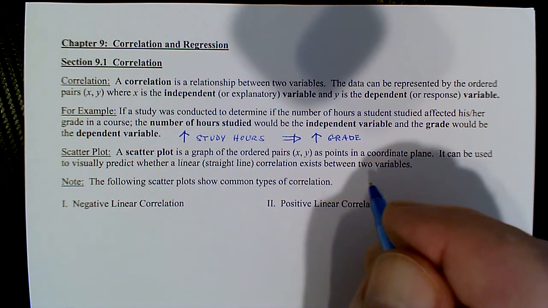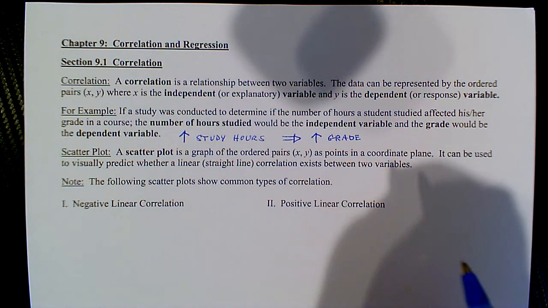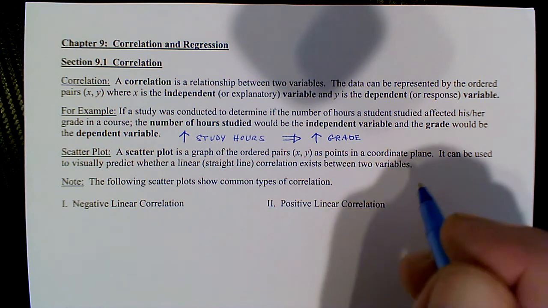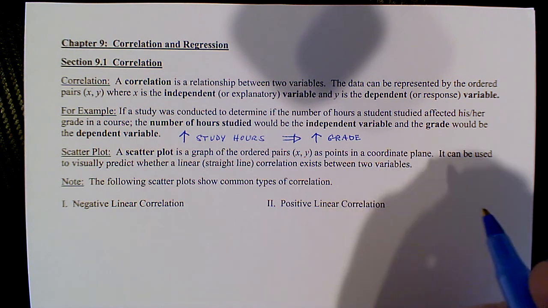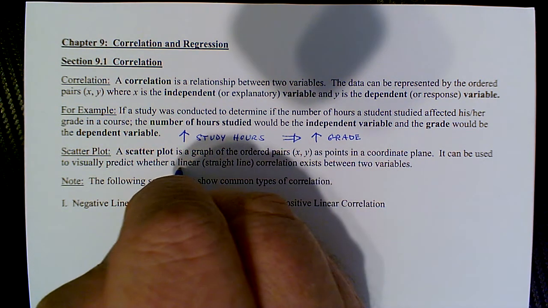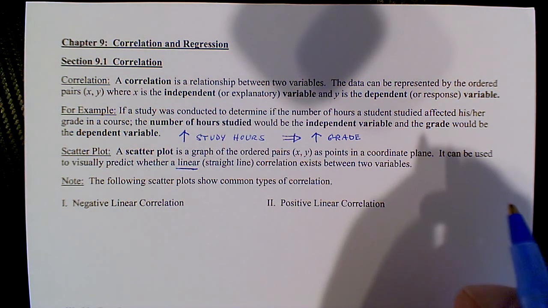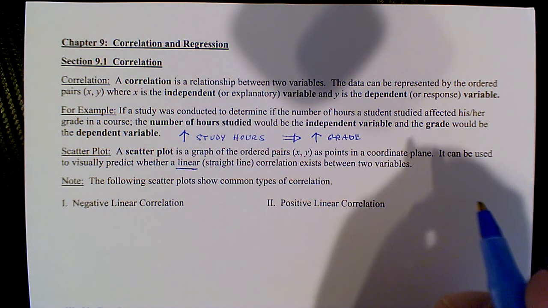And so when we gather data, we form what we call scatter plots, which are just plotting the points in the coordinate plane, the Cartesian system. And then we could predict whether we have a linear relationship, and that's all we're going to be concerned about, between the two variables.